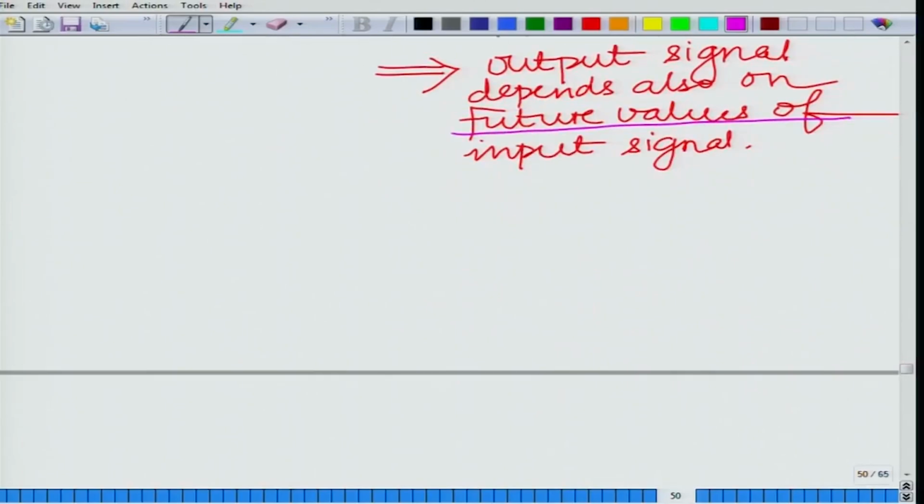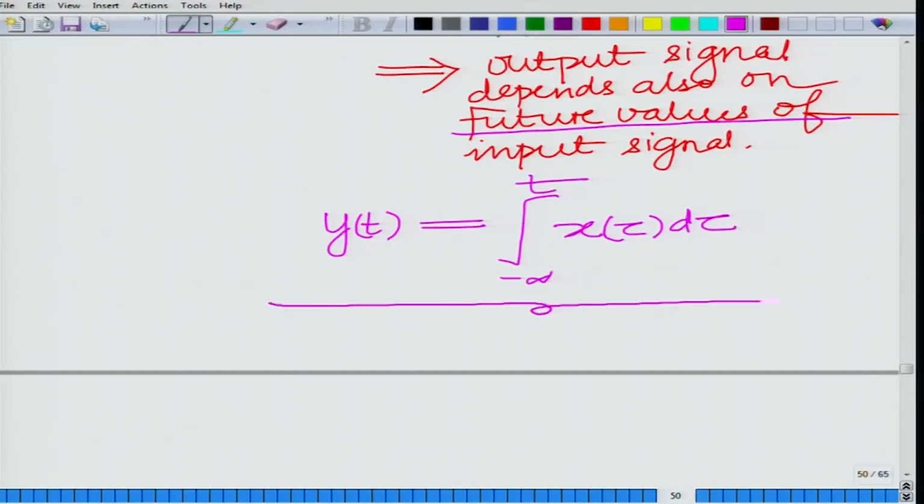For instance, let us go back to a simple system, y(t) equals the integral from minus infinity to t of x(tau) d tau. You can see this is a causal system.